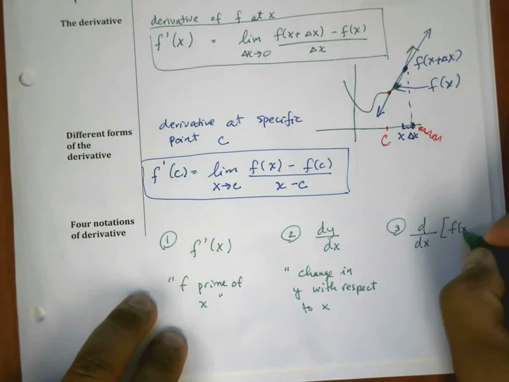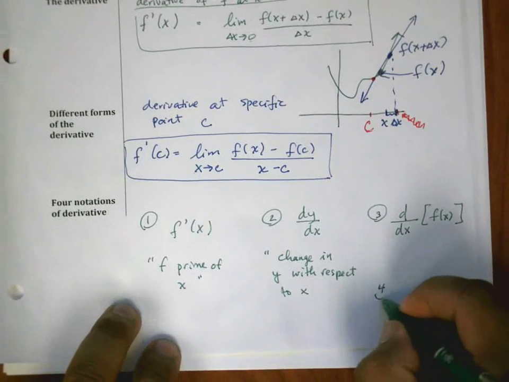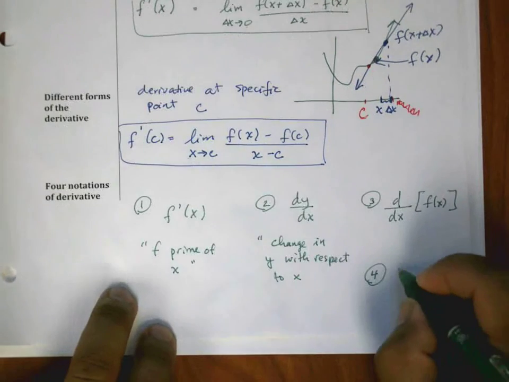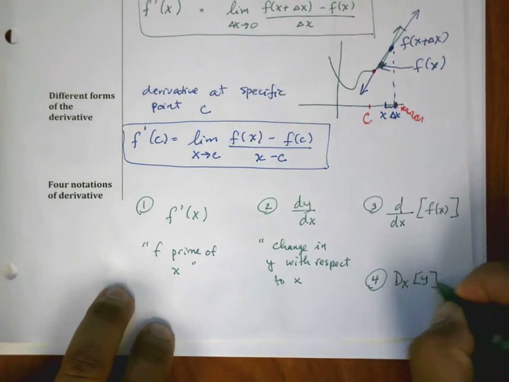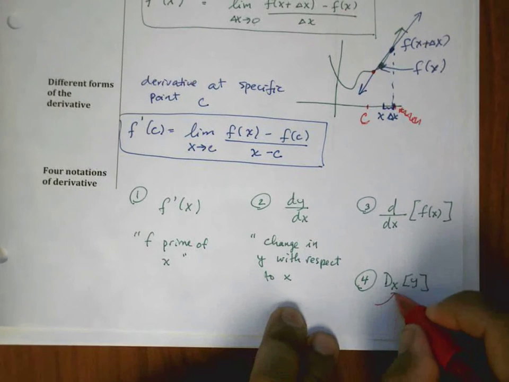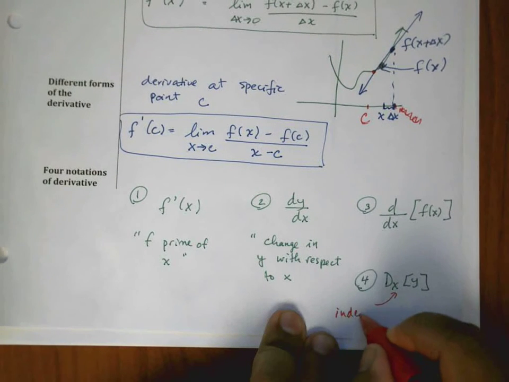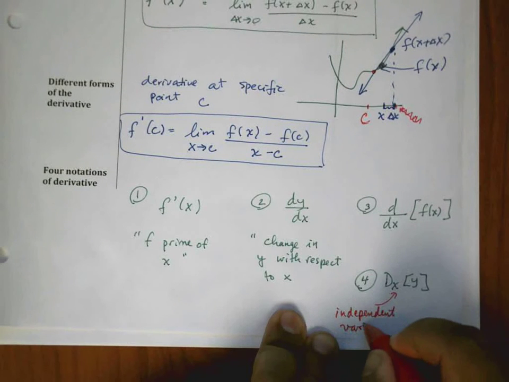And then finally, this is a little bit more rare, but you will still see it. You'll see a d and then x and then y. And what this is saying is that x is the independent variable, and that y is the dependent variable.